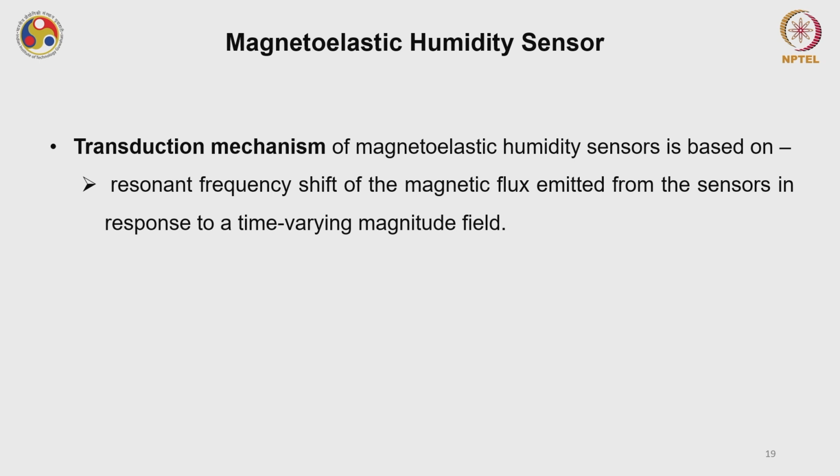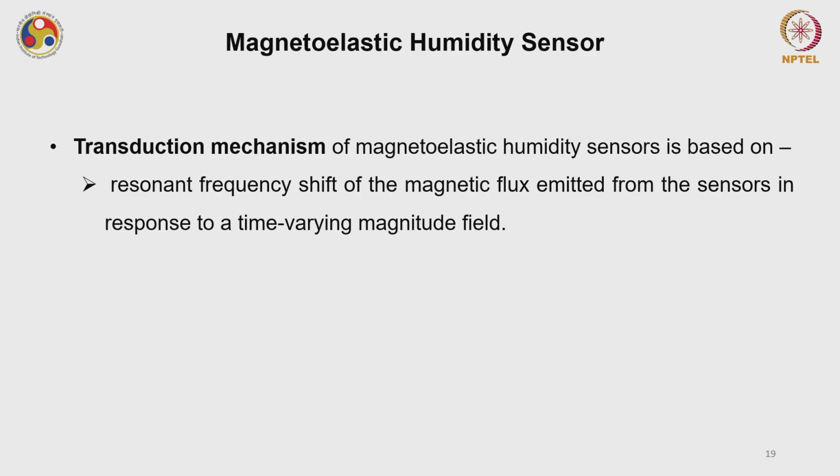Then there is one more important humidity sensor that is based on magnetoelastic property. The magnetoelastic property of a material is nothing but, say, an elastic material changing its property with a magnetic field, or vice versa.